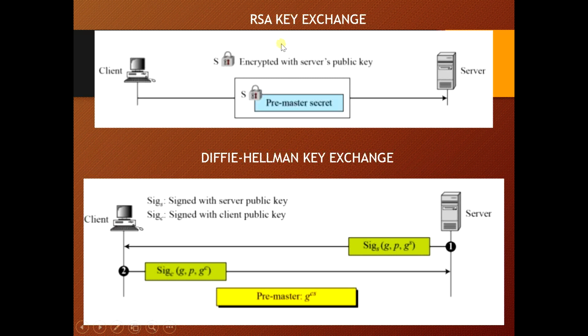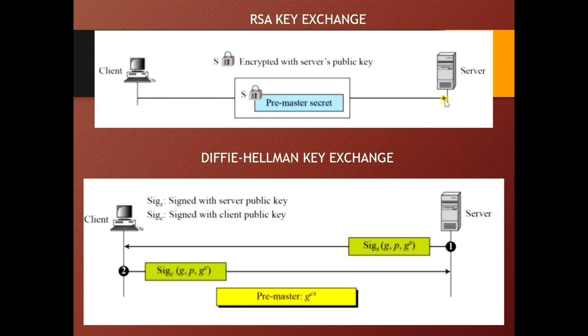First, the RSA key exchange. Here the 48 byte pre-master secret is generated by the client, encrypted with the server's public RSA key, and then sent to the server. The server will then decrypt the ciphertext using its private key to recover the pre-master secret.